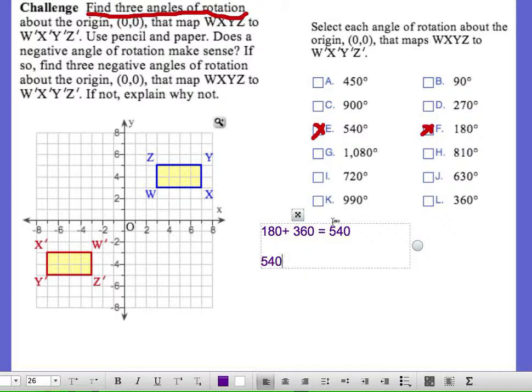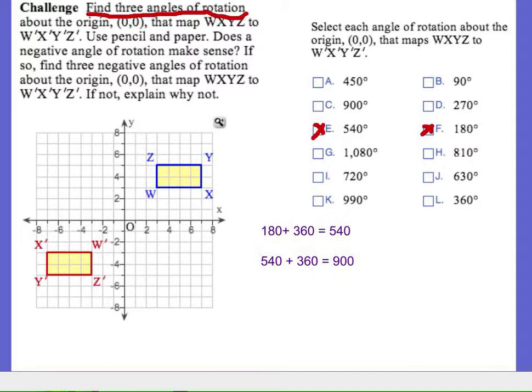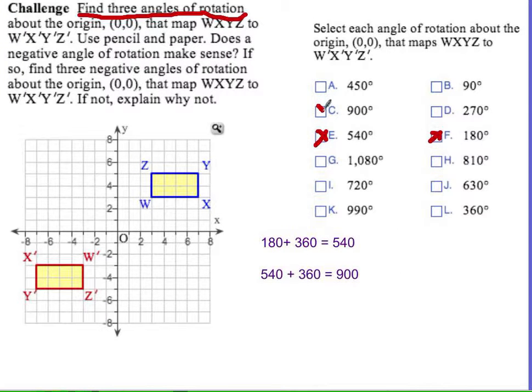And from 540, we can add another 360, and that will give us 900 degrees. So we can mark that too. Any questions?